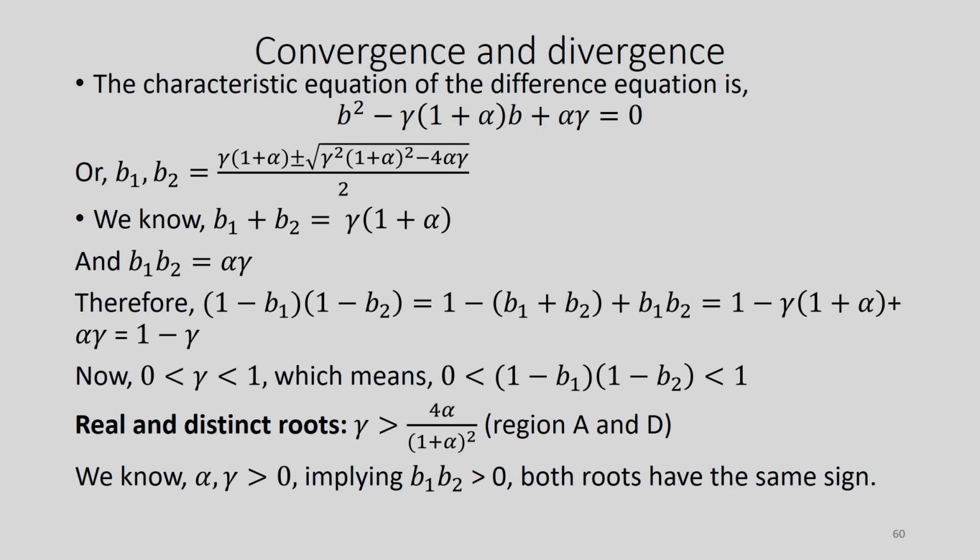First, we look at the characteristic equation, because we are trying to find the complementary functions. This is the characteristic equation, and from this we get the roots B1 and B2.